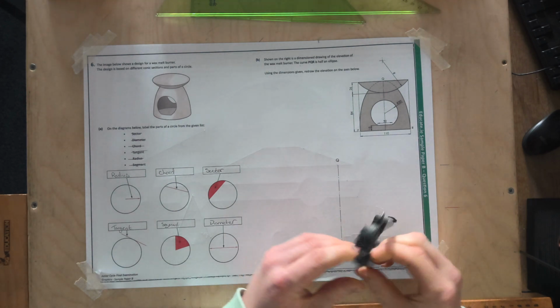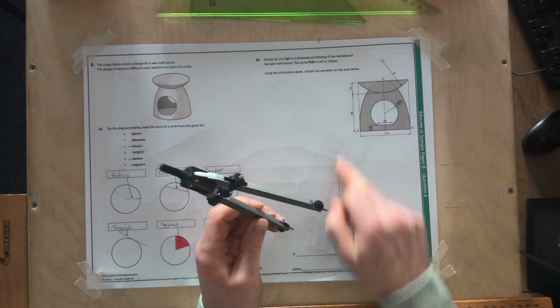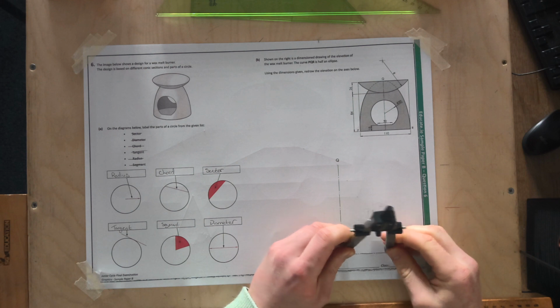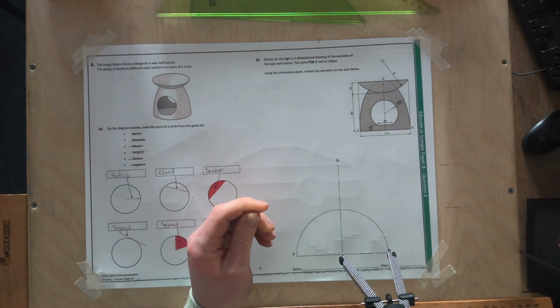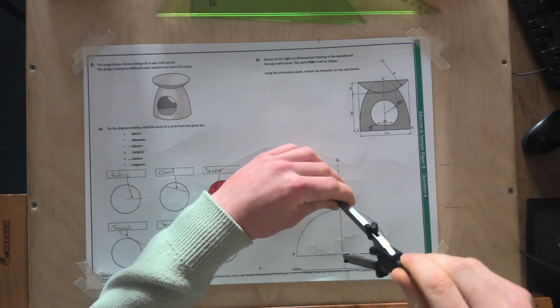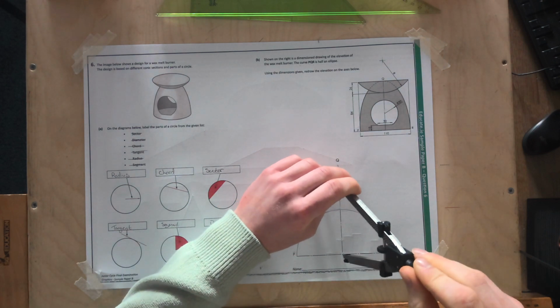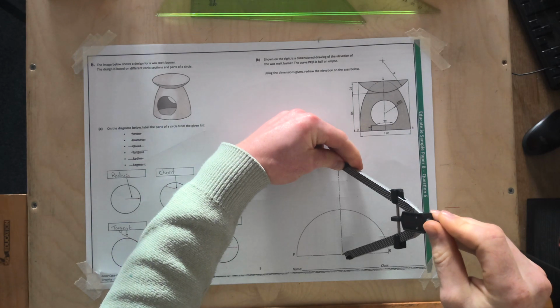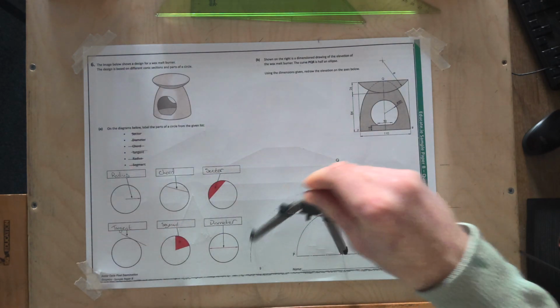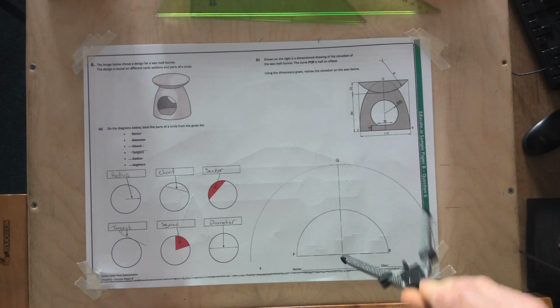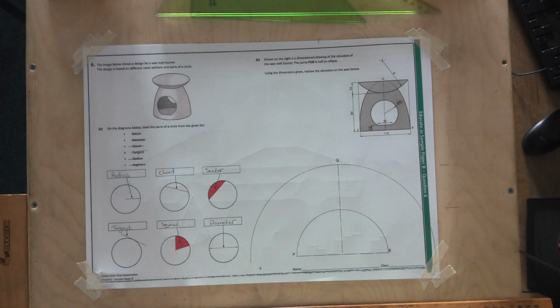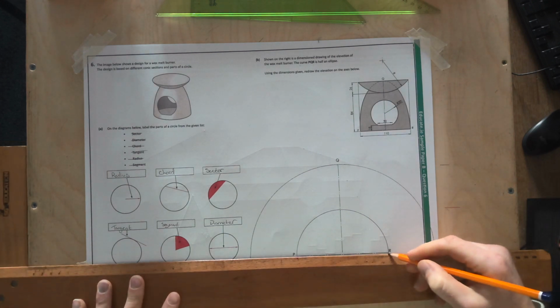So the first thing I'm going to do is I'm going to draw my two circles. I have my axes, so I'm going to draw my two circles, okay? That's my minor circle. And that's my major circle there then, okay?